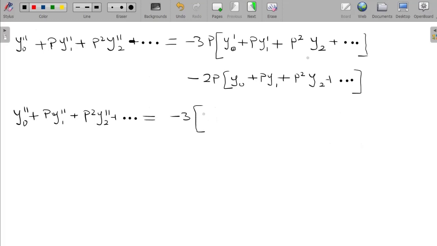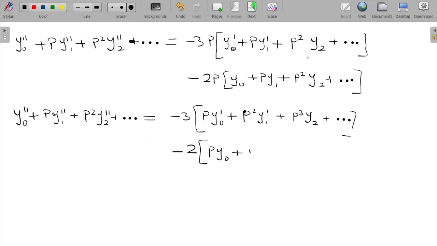So we take p inside: p y0', this becomes p^2 y1', this becomes p^3 y2', then minus 2, p goes inside, we have p y0 + p^2 y1 + p^3 y2.